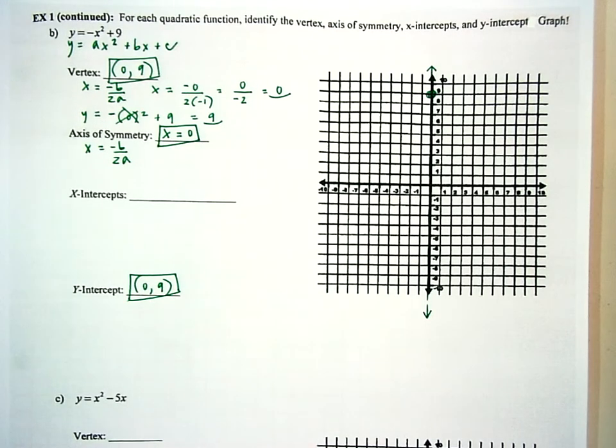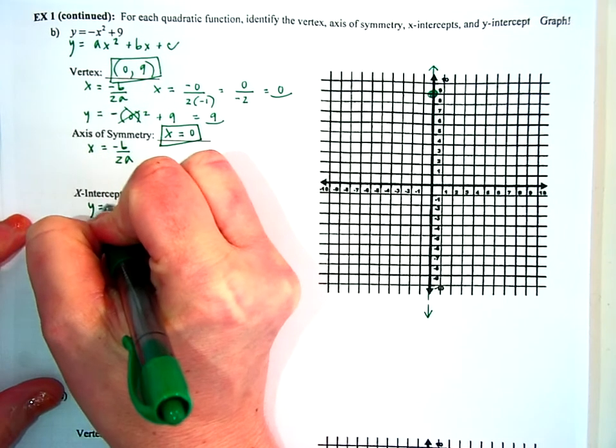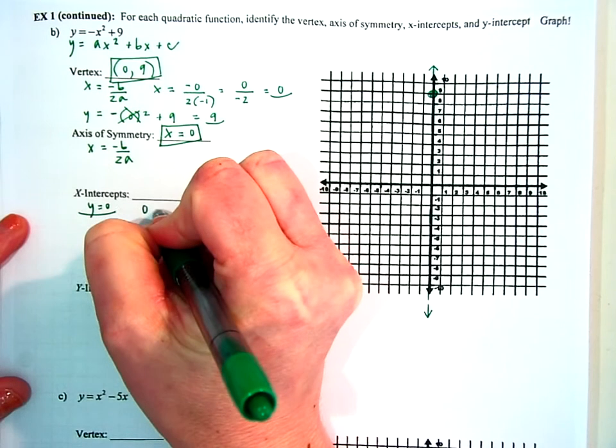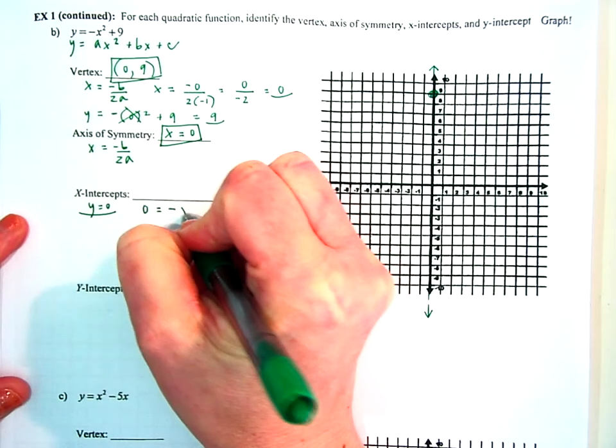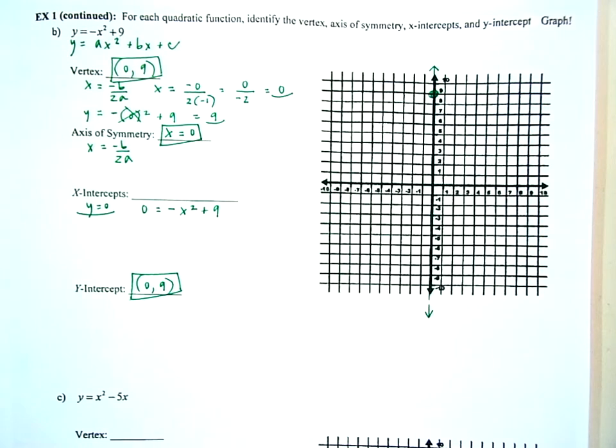And now I need my x-intercepts. So here I want to remember that the y value is 0. So if I plug in a 0 for the y, I have 0 equals -x squared plus 9. Okay, so for this one, when I run through my list of ways to solve, I could solve by taking the square root.